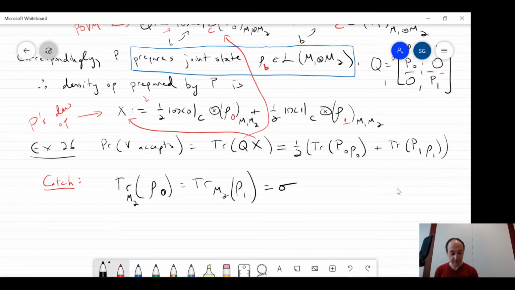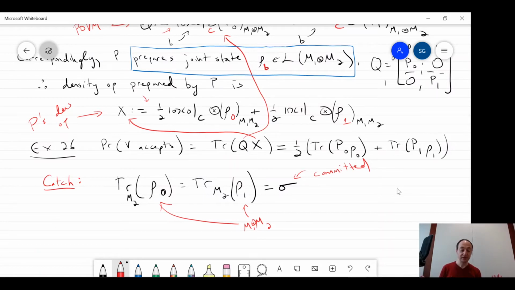Okay, so this was the committed state in round 1. And what am I looking at here? Well, these two guys are acting on M1, M2. These are the full state prepared. Let's say rho 0 is what gets prepared when the secret bit is 0. Rho 0 is the joint state on M1 tensor M2 that gets fully prepared and sent over, and same thing for rho 1.